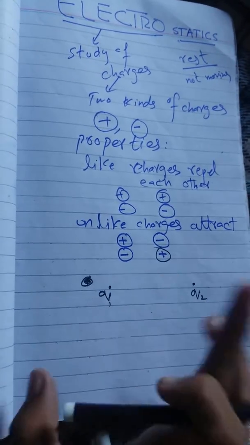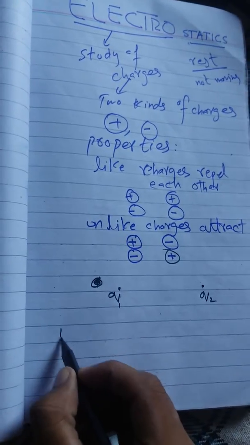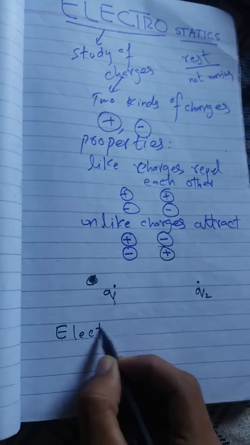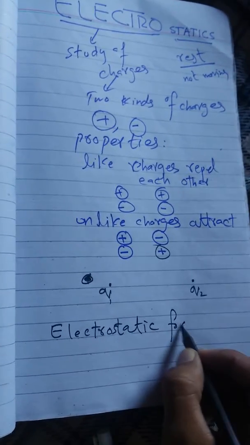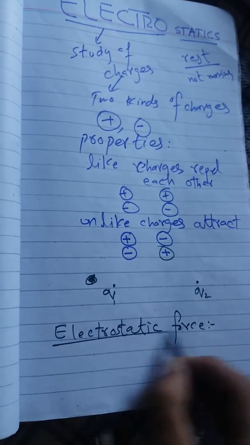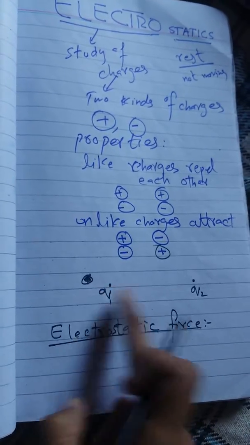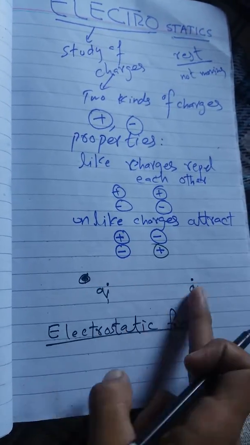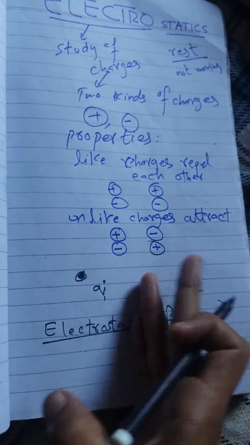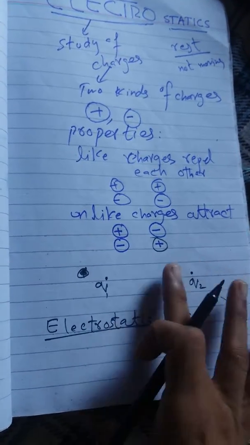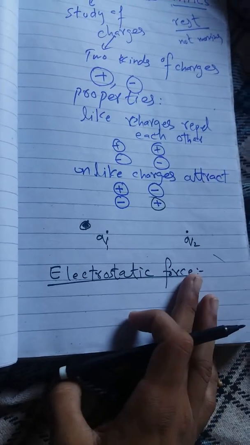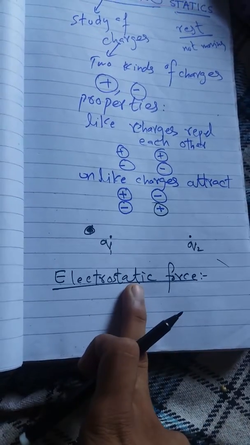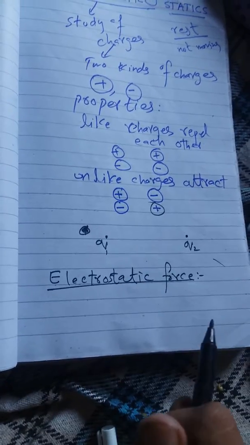This force is called electrostatic force. As we know, both charges apply some force on each other, either attraction or repulsion. This force is called electrostatic force, but we do not have the magnitude of this force.